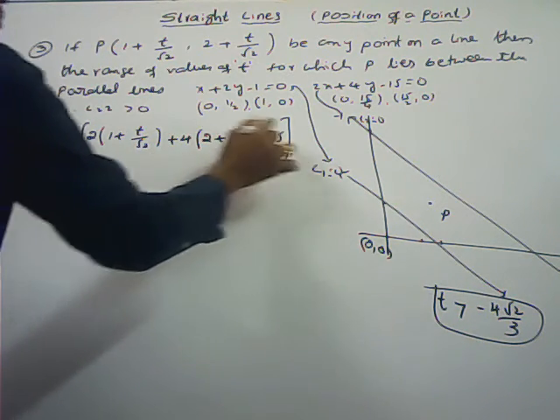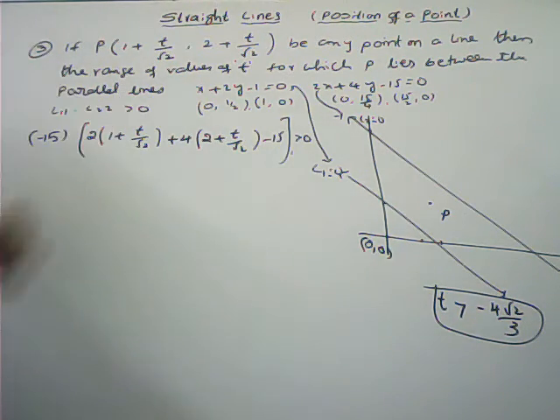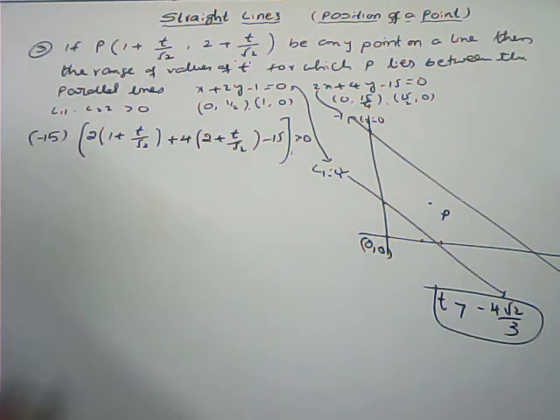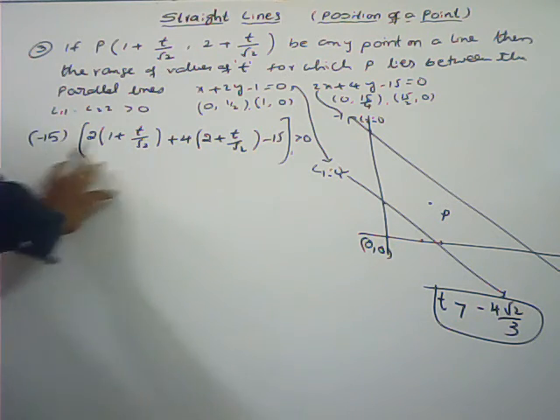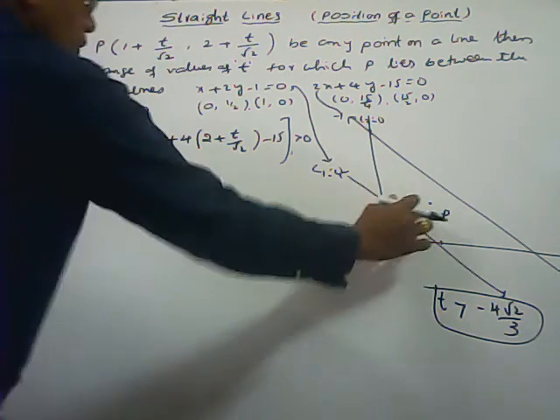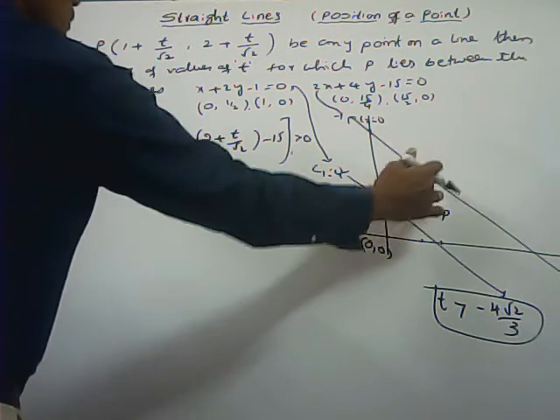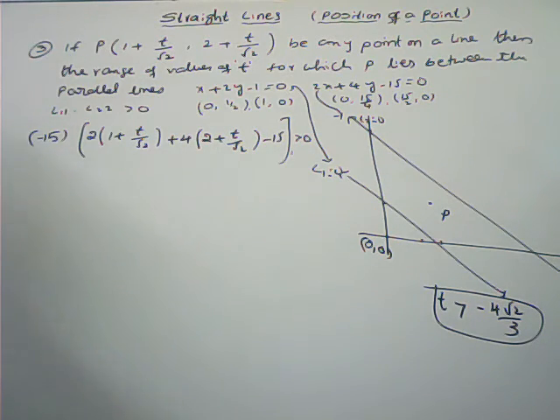L11 into L22 should be greater than 0 if both the points lie on the same side. Opposite side, L11 into L22 less than 0. We got one inequality, I kept aside that one. Now solving the next one also. These 2 points lie on the same side of this line L2 equals 0. So here L11 into L22 should be more than 0.